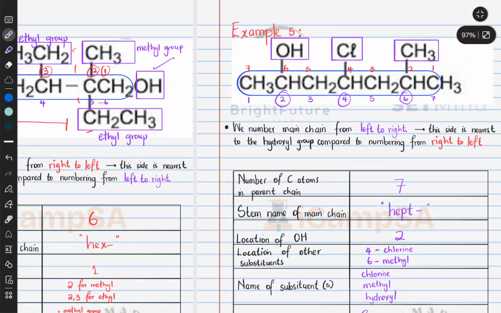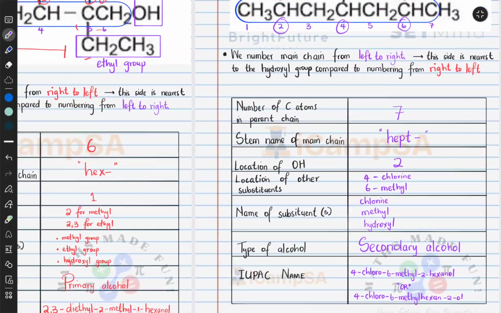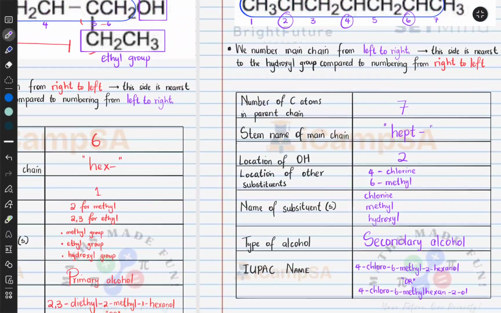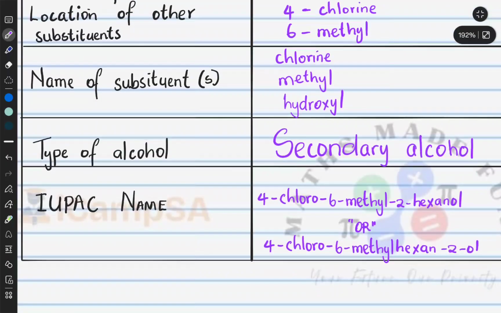So this alcohol had chlorine in it. Okay, so the rules don't change. We still prioritize the hydroxyl group when we are numbering the parent chain, and we make sure that we number from the side that is nearest to the hydroxyl group. And when we do the final IUPAC name, we make sure that these substituents follow each other alphabetically across the name.